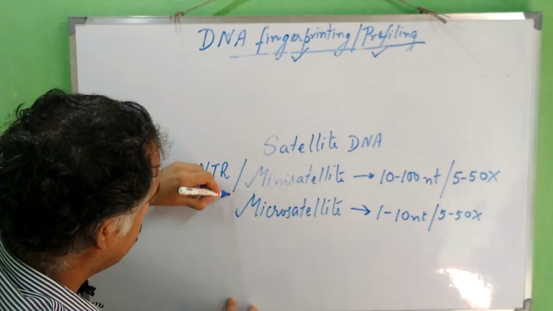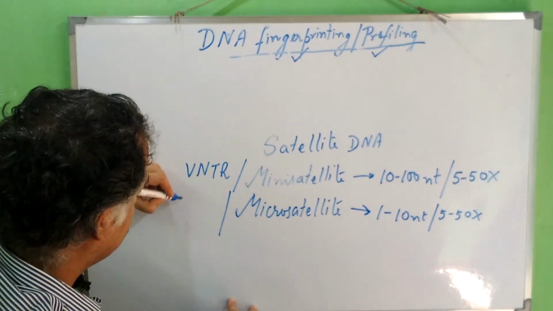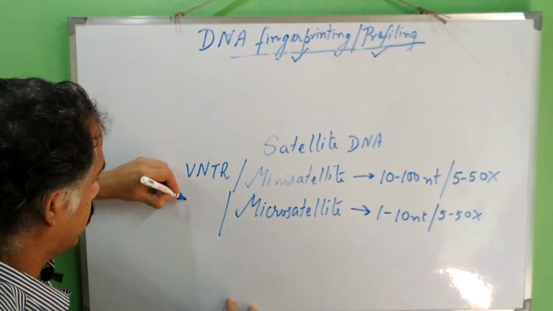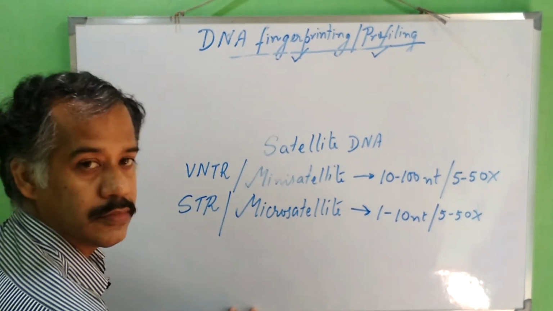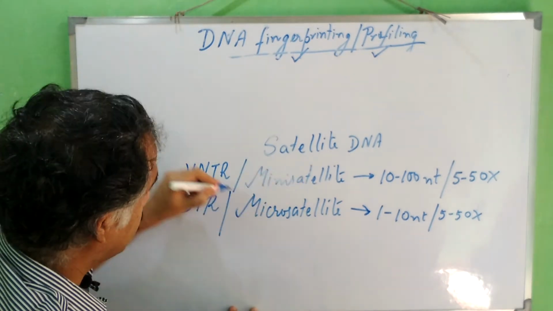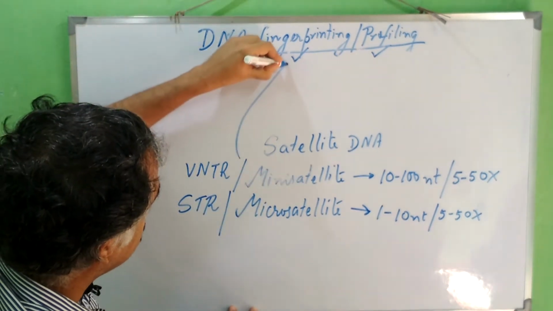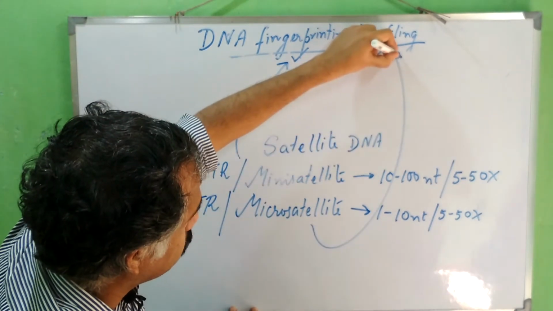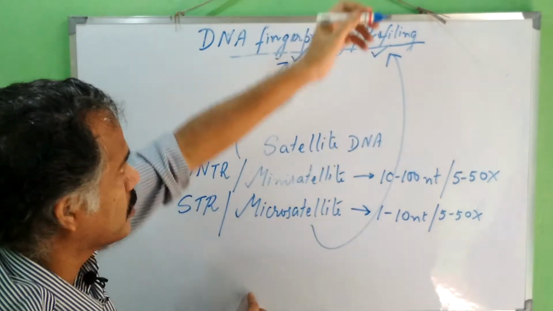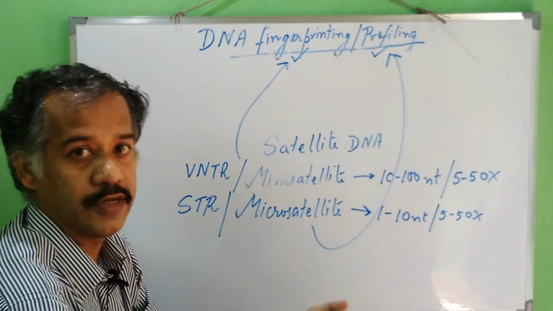Why? I'll explain in a minute. And the microsatellites are also known as STRs, or simple tandem repeats. We will start with the mini satellites because that was used to start with DNA fingerprinting, and then we'll go for the microsatellites, which have largely replaced the mini satellites in the modern evolved technique of DNA profiling.